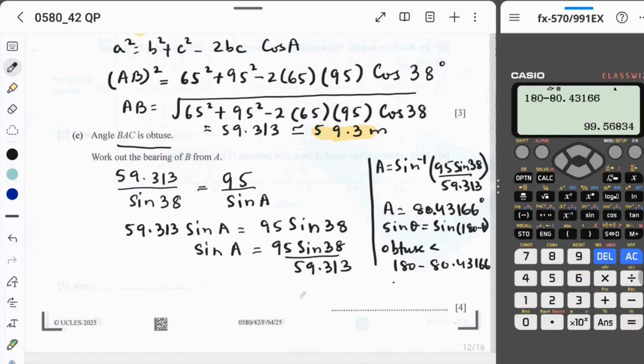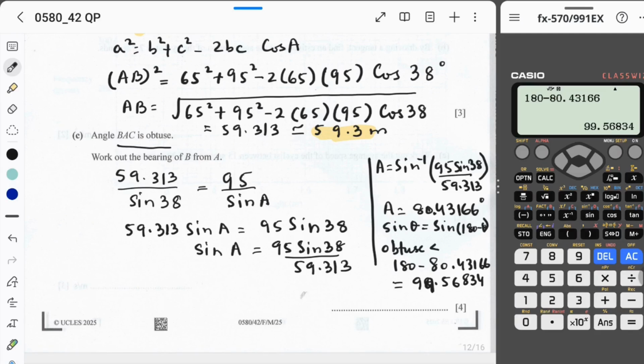that is equals to 99.56834 degrees. Alright, so we have found its angle with the help of the sine rule.